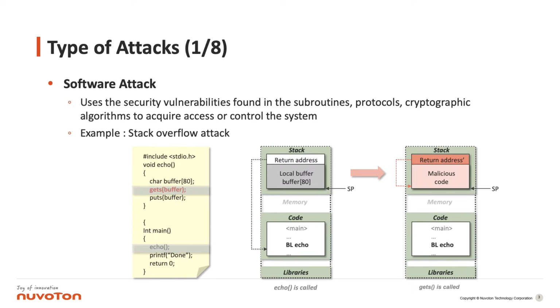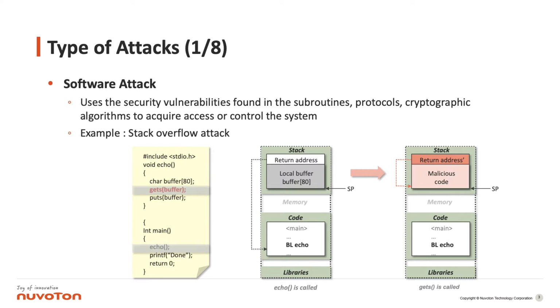Potential attackers can enter a piece of malicious code and an incorrect return address. Since gets does not check the length of the input string, the wrong return address will override the original correct return address. This wrong return address points to the malicious code itself.